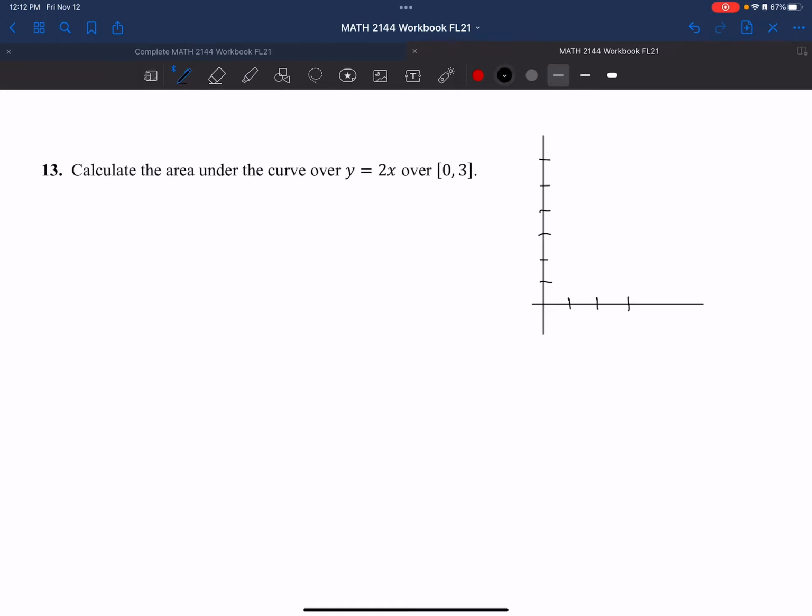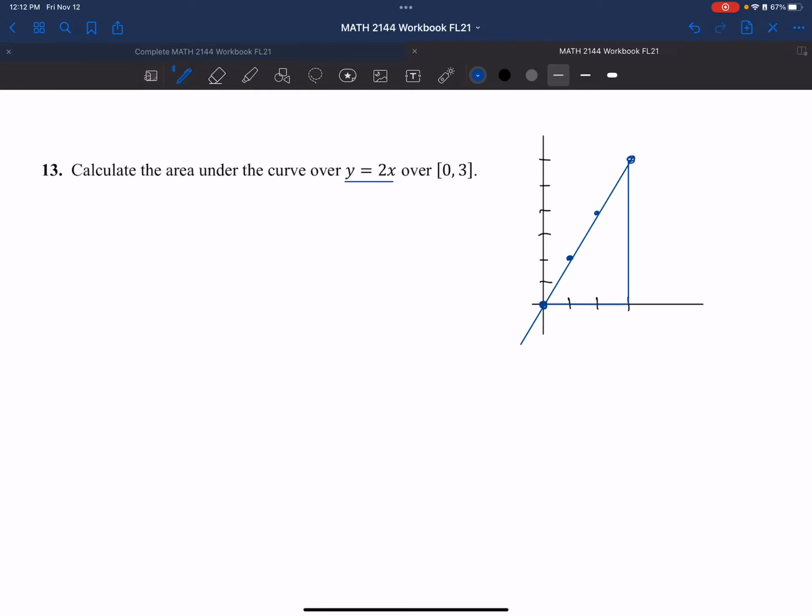And this curve right here, y equal to 2x, has a y-intercept of 0. Rise 2, run 1. Rise 2, run 1. Rise 2, run 1. You're going to get this graph right here. If I were to consider shading underneath the curve, what shape would we get?